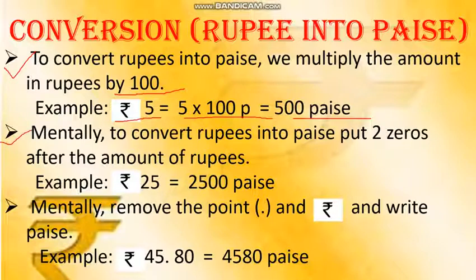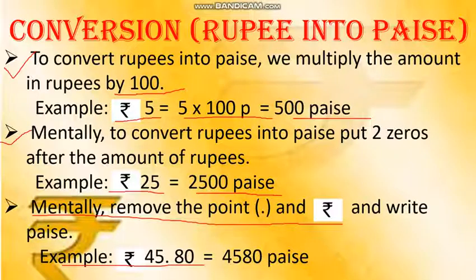Mentally, to convert rupees into paise, we put 2 zeros after the amount of rupees. Look at this example, rupees 25 equals 2500 paise. Mentally, remove the point and rupee symbol and write paise. Look at this example.